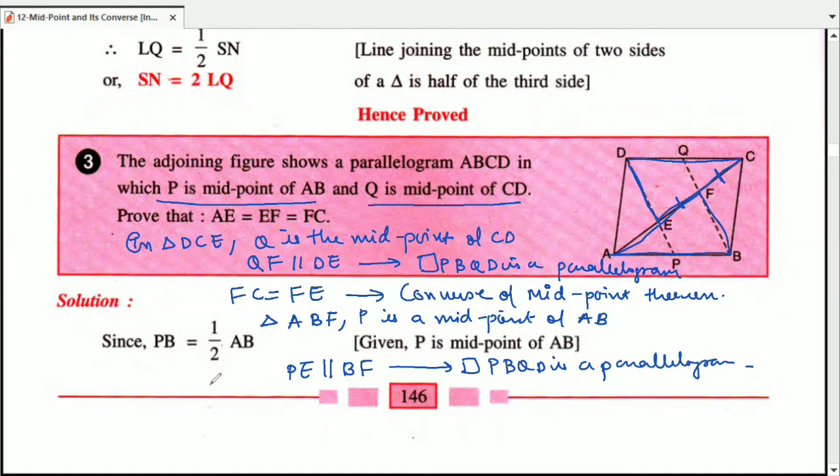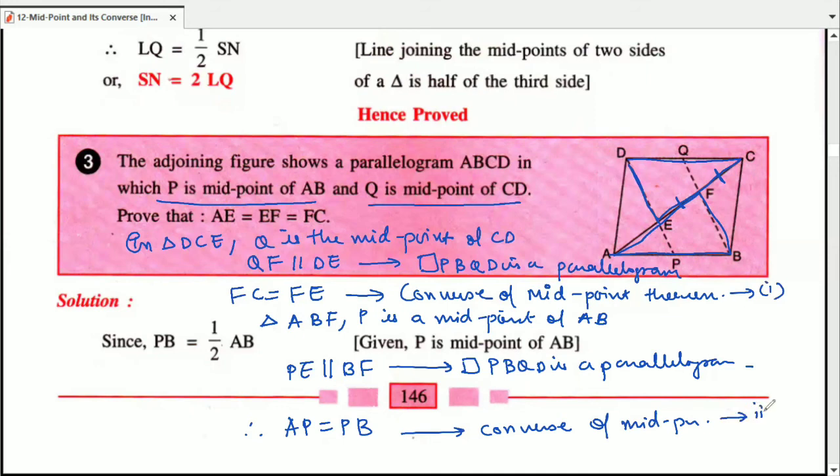So again, this is the converse of the midpoint theorem. So we can say that AE is equal to EF. This is again as per the converse of the midpoint theorem. So this is equation 1 and this is equation 2, or equation A and equation B, you can also say.